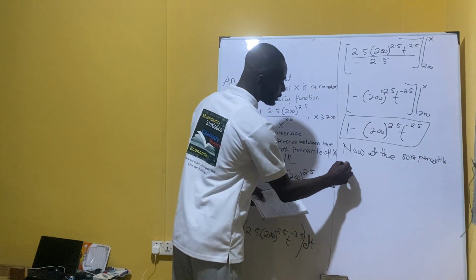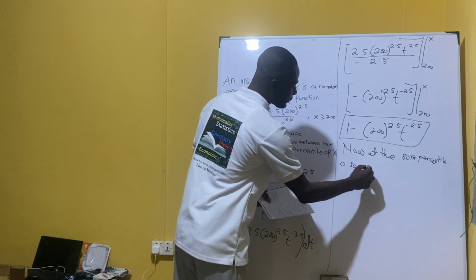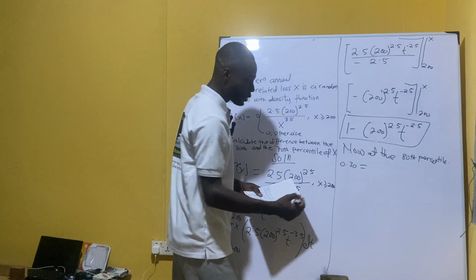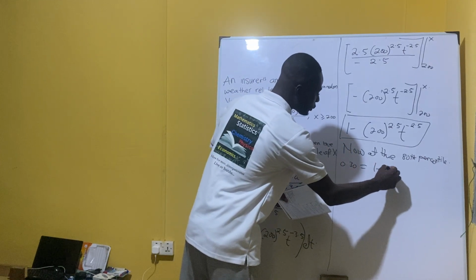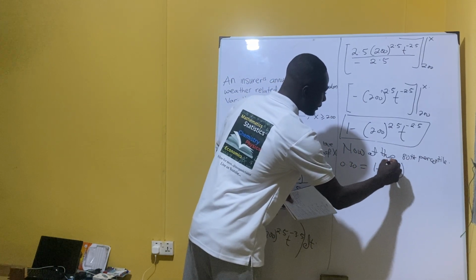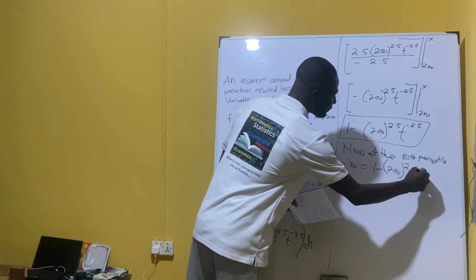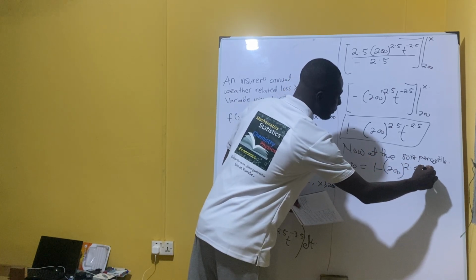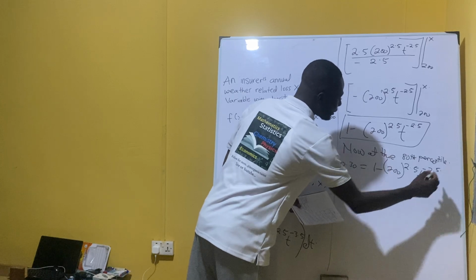At the 30th percentile, we have 0.30 is equal to 1 minus 200 power 2.5 t power negative 2.5.